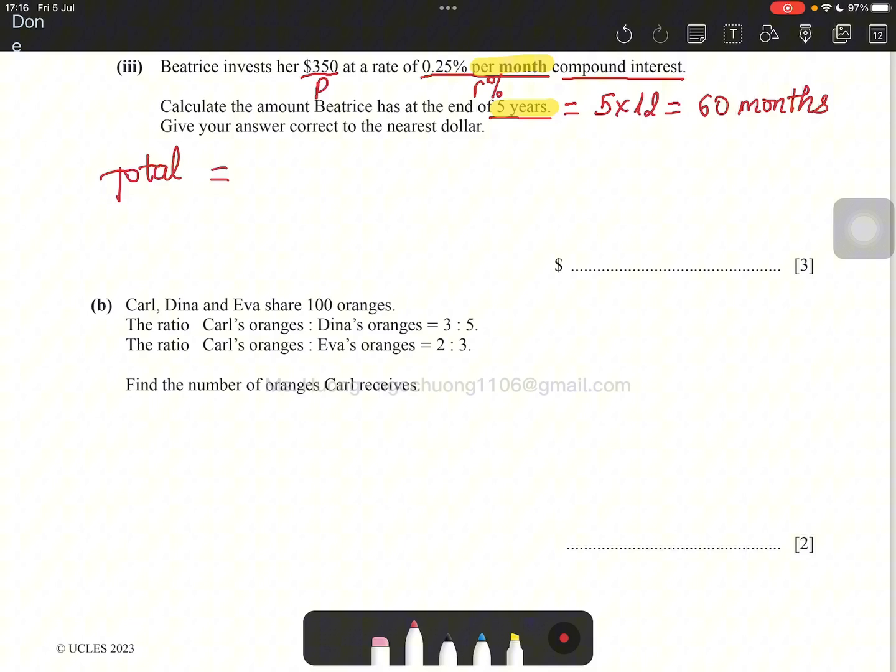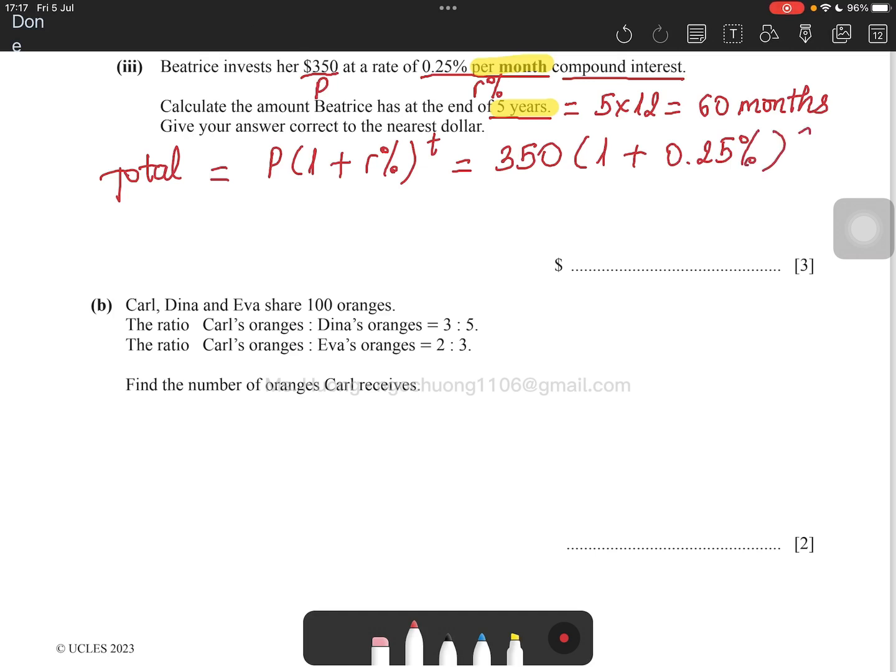The formula for the compound interest is total equals P times 1 plus R to the power of T. P is $350 and R is 0.25%, to the power of T. T is 60 months. So the answer for this is $407 because you need to give your answer correct to the nearest dollar.